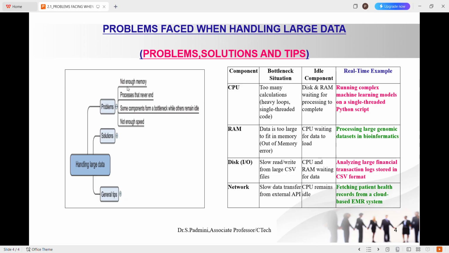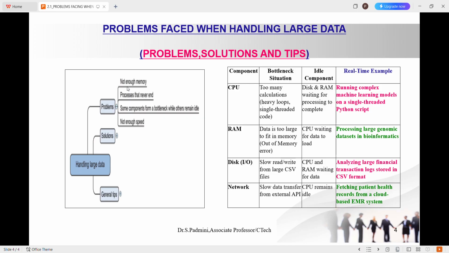The second thing is the algorithm that never ends. A few algorithms are designed to handle large data sets, but most of them load the whole data set into memory at once, which might result in an out of memory error.